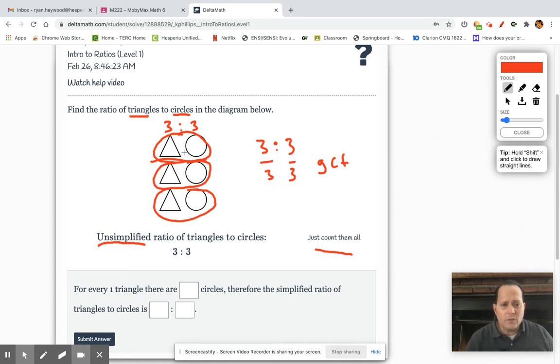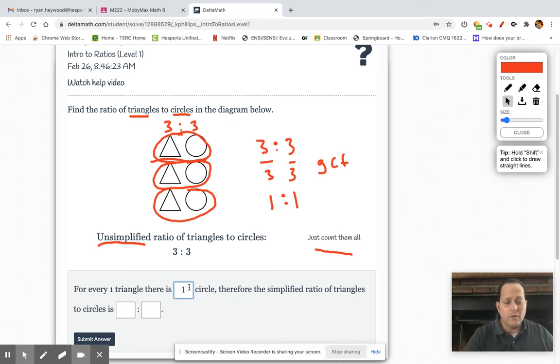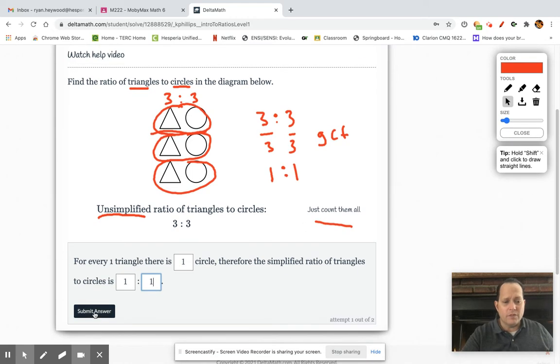All right, so we divided our group into 3 groups, and 3 divided by 3 is 1, 3 divided by 3 is 1. Therefore, we can see that for every 1 triangle, there is 1 circle. Therefore, the simplified ratio of triangles to circles is 1 to 1, right? For every one triangle, there is one circle. And then we push submit answer.